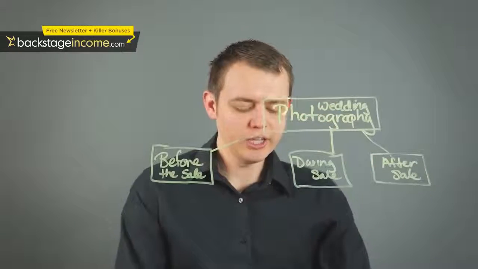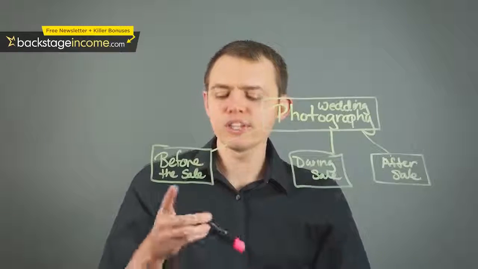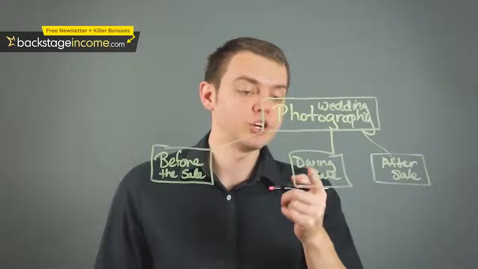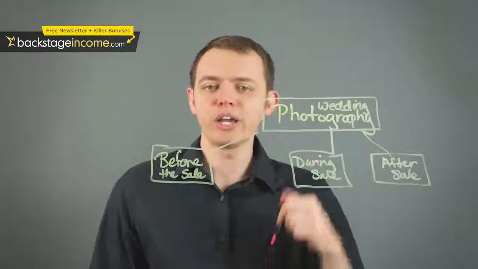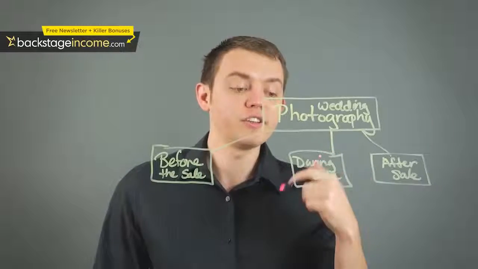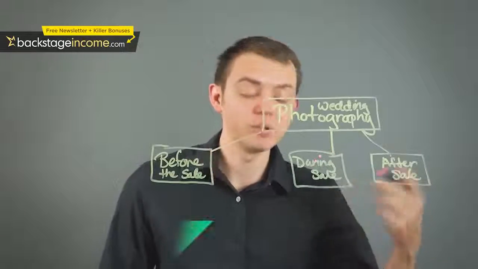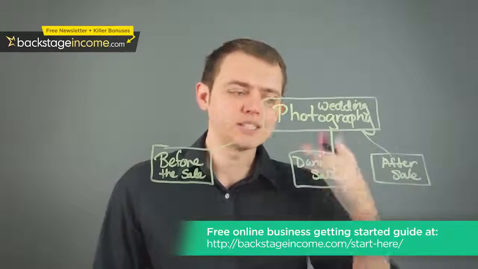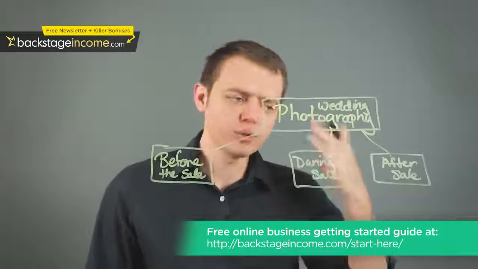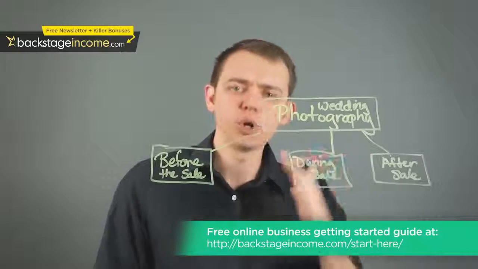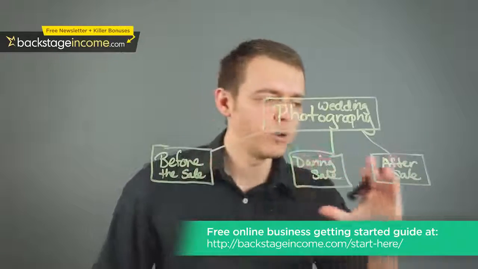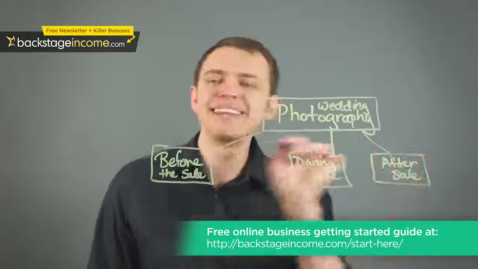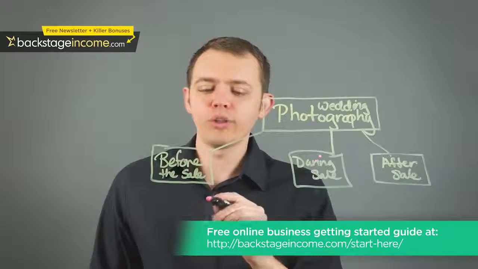As I start looking into this, before the sale is before anyone really even knows you. During the sale is while you're operating and doing wedding photography for that person, and after the sale could be completely after the wedding process. Now this just helps me get organized onto thinking, okay, how is that book going to be written? So again, you start before the sale, you go after the sale. It's kind of like a linear progression one way or the other.